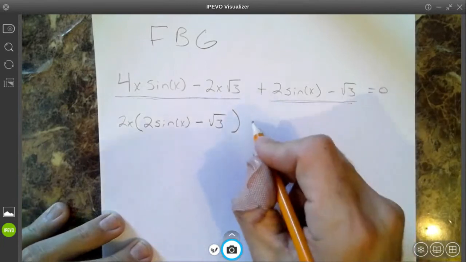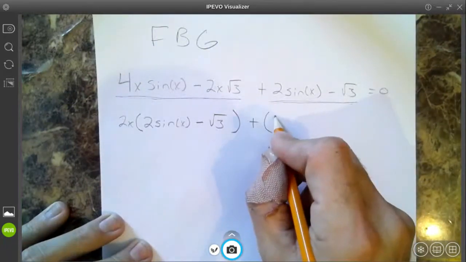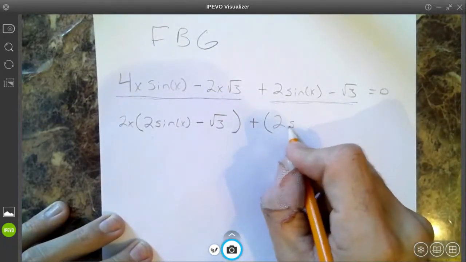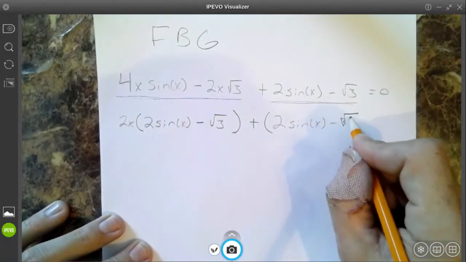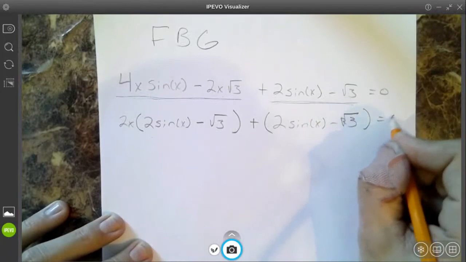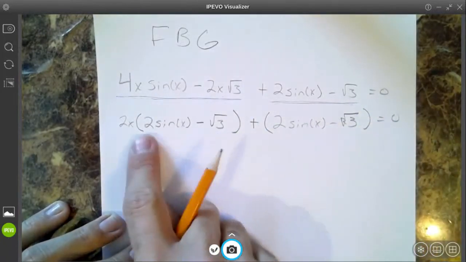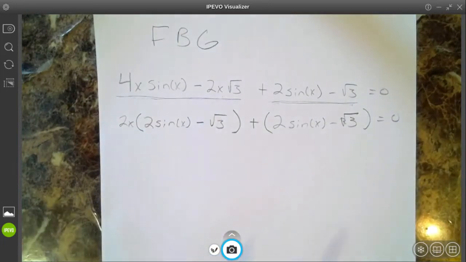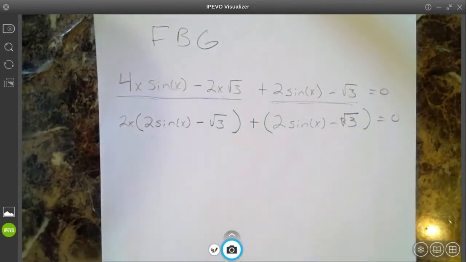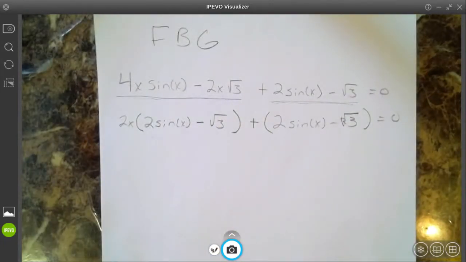So I'm actually just going to leave that second one the same. I'm just going to put it in parentheses to make it look nice. You're always wanting to try to make it have that same something in common over here. And thankfully, it was the entire piece this time.